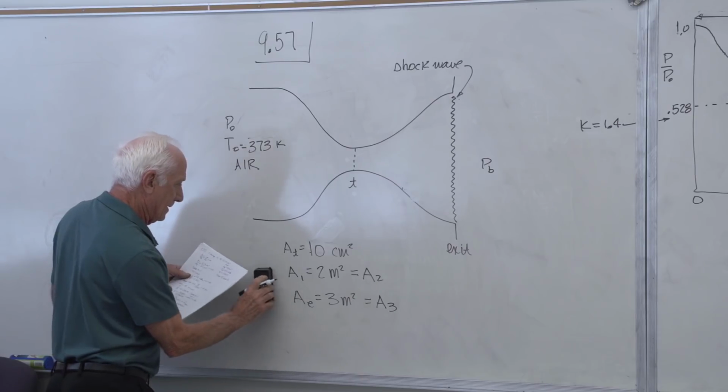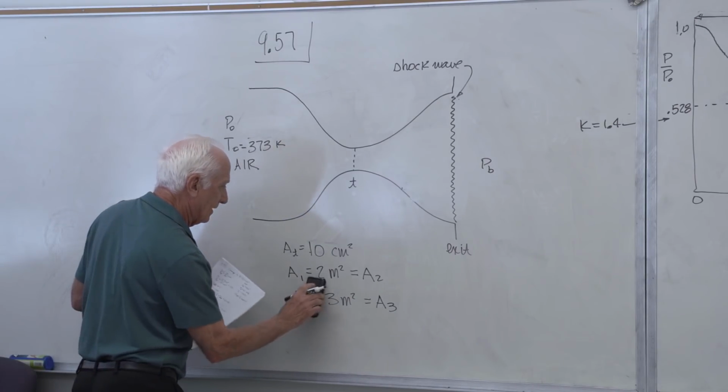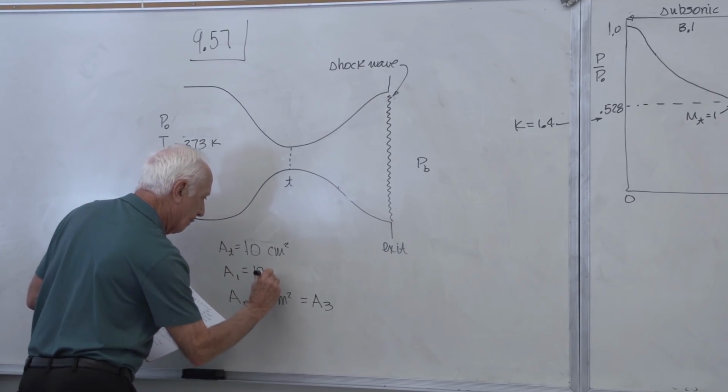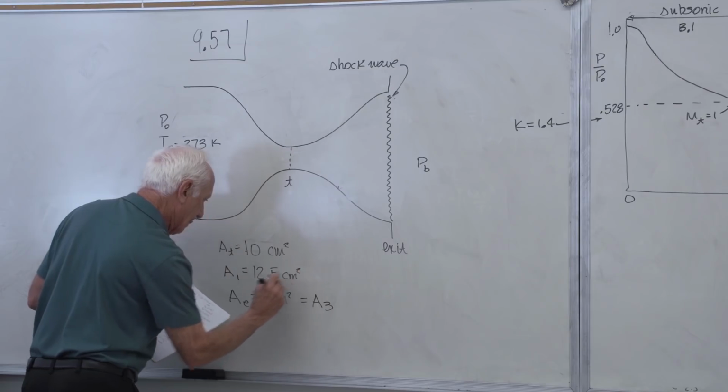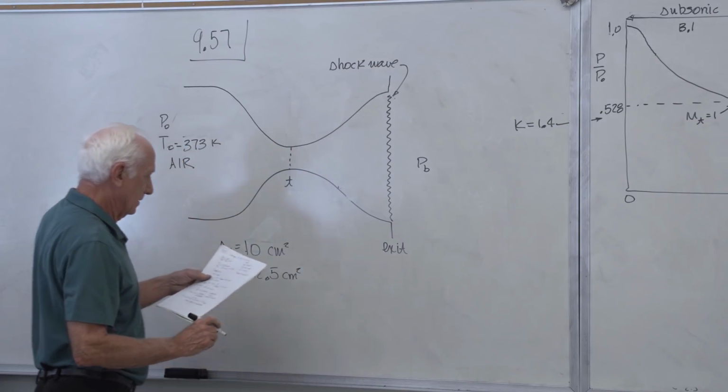A1 is 12.5 square centimeters. Exit area is the same as out there.